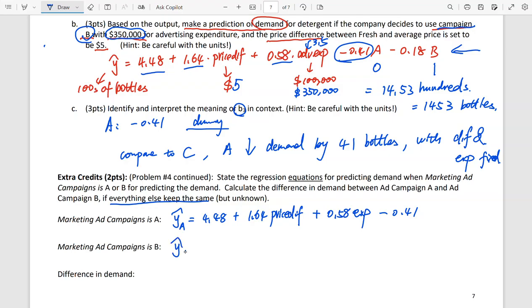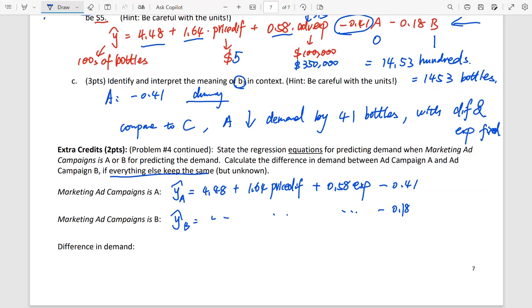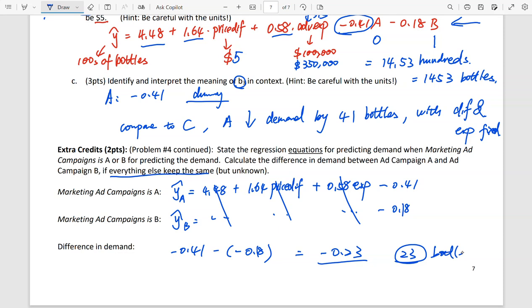If you use B, everything here will be exactly the same, but B will be 1, A will be 0, so here will be negative 0.18. So what's the difference in demand? Everything else is the same, so the difference is just the coefficient difference, negative 0.23 in hundreds. That means the difference is just 23 bottles.